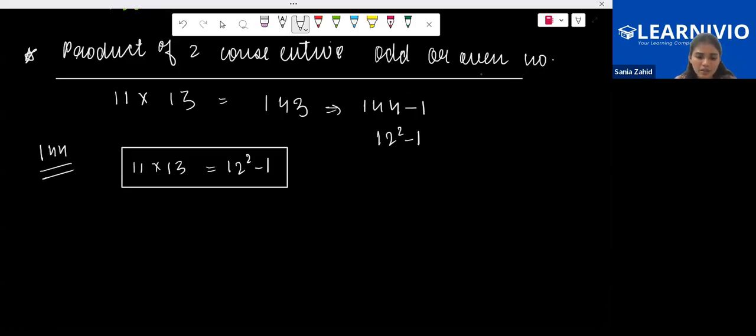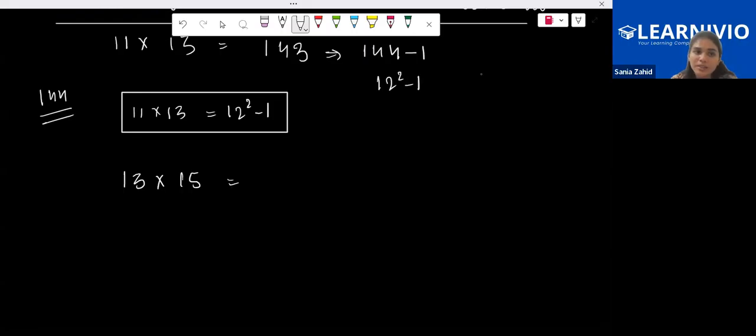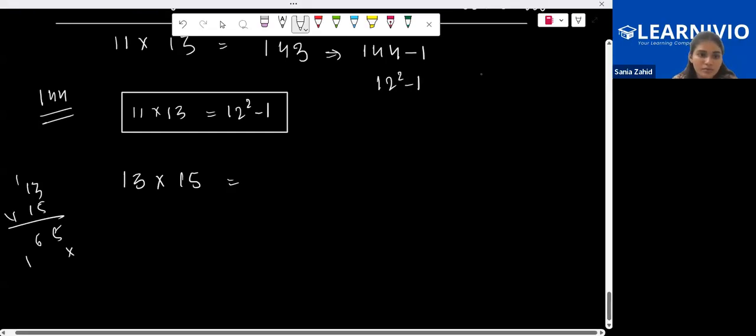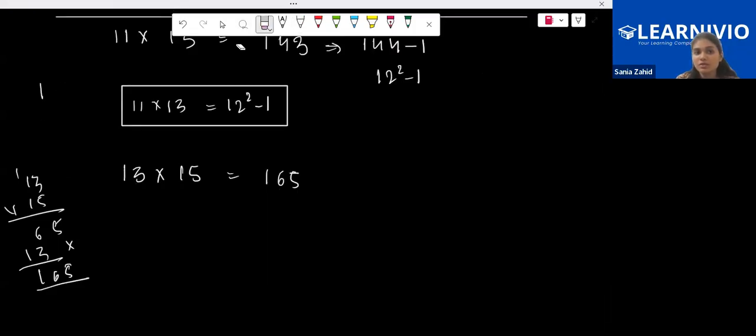Let's suppose I have 13 into 15. So what is 13 into 15 now? 165. Can anybody tell me, is 165 a perfect square or not? Did anybody learn the square of 14?